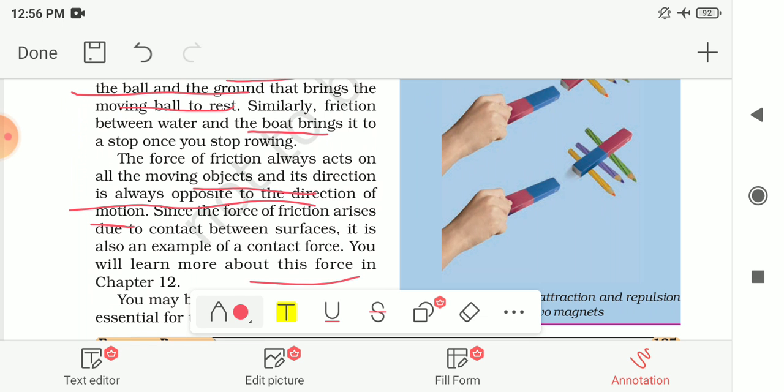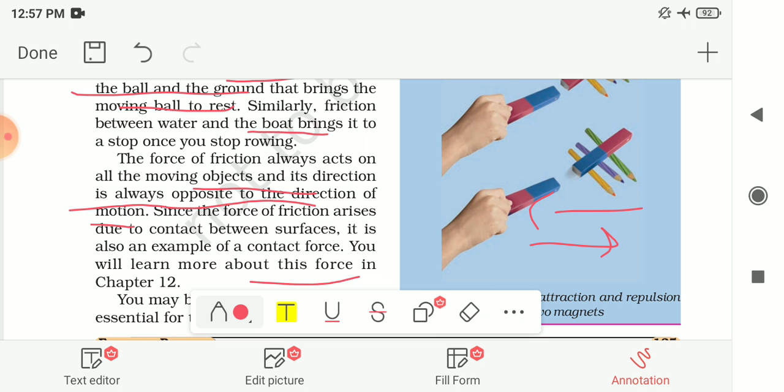From this we can say that if any object is in motion, then frictional force is acting over there, and the direction of this frictional force is opposite to the direction of the motion. If the object is moving in this direction, then the direction of the friction is opposite to the motion of that object.